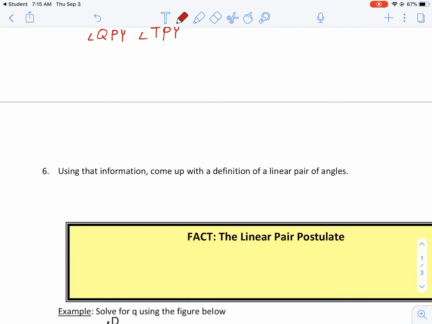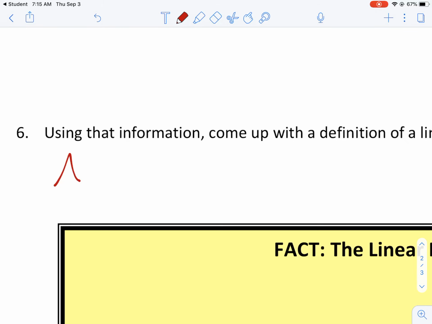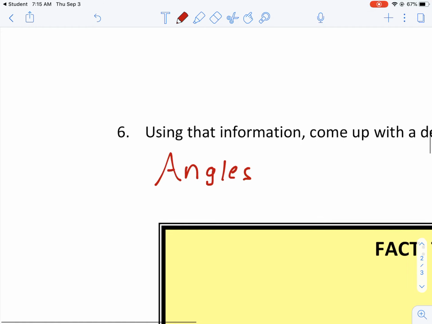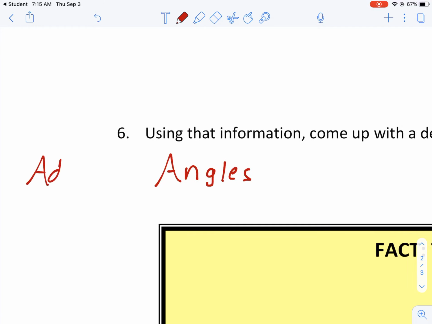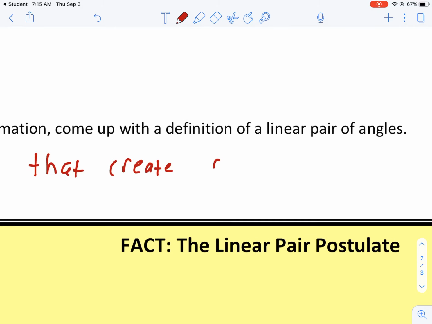So a definition of linear pair of angles would be angles, actually adjacent angles, that create a straight angle.